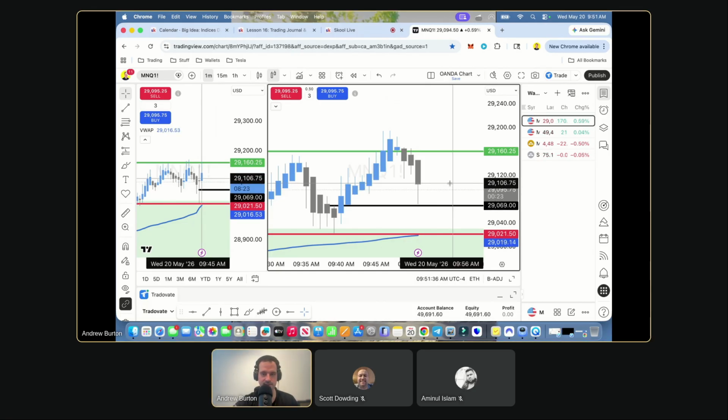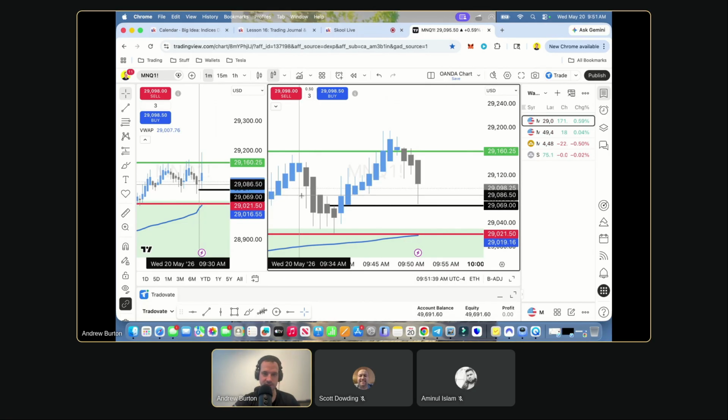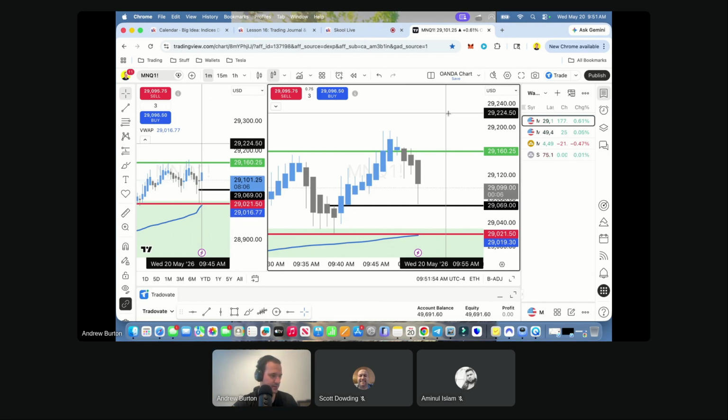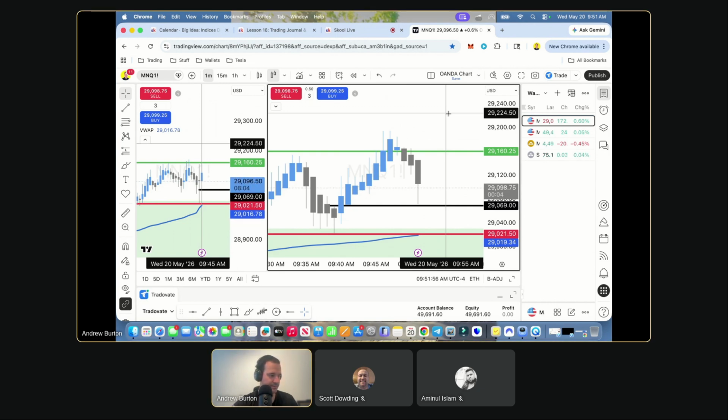So in that case, guys, when it's telling you it's ranging, it's not going to break out. And if you haven't taken your 3 trades, I recommend you do take your 3 trades. But if they're all losses, then that's when you know you should stop. Because if you keep on going, you're just going to blow your account, and you don't want to do that, because then it's going to cost you another $100 to do a test, right?